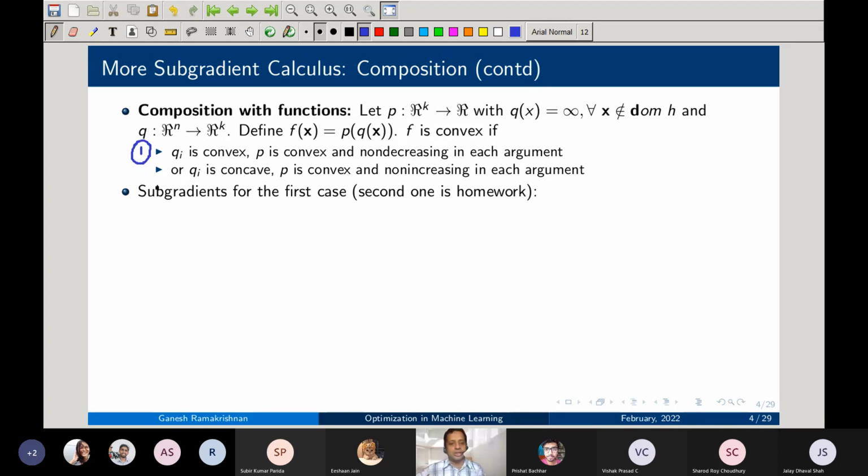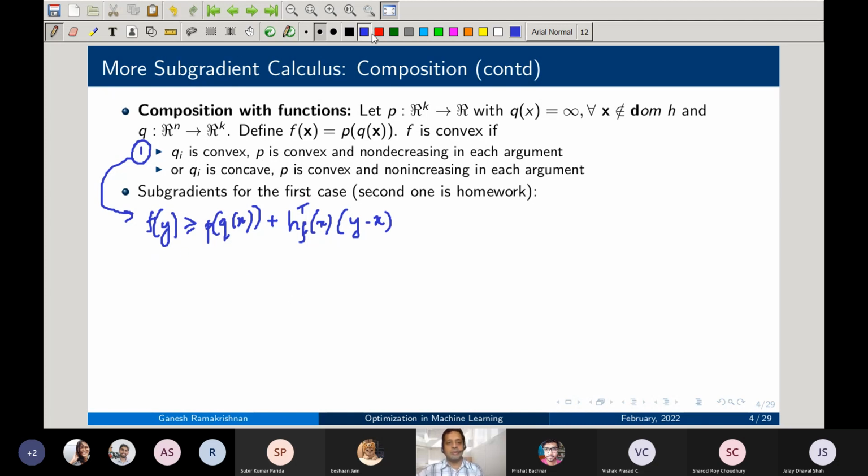The first case. So the goal here is to find the h_f. So f is a composition function such that P of Q of x, which is f(x), plus h_f transpose, which is what we want to find out, times (y minus x), is a lower bound for f(y).